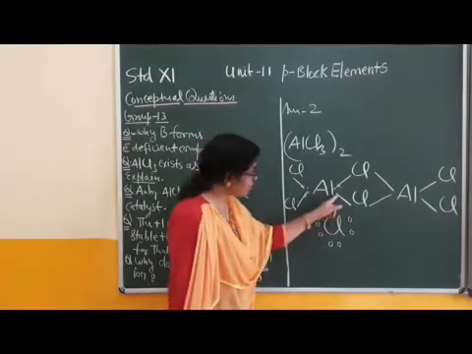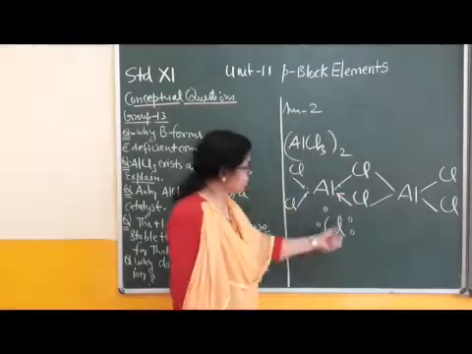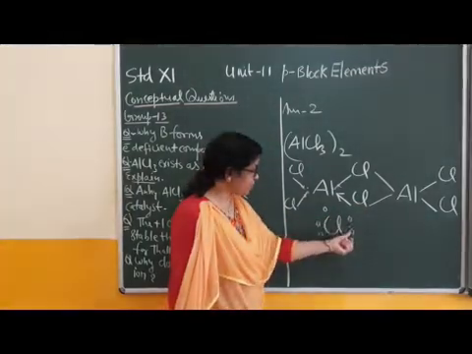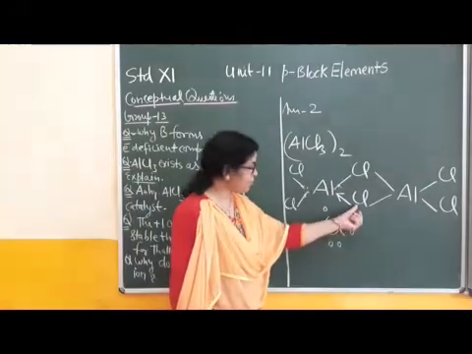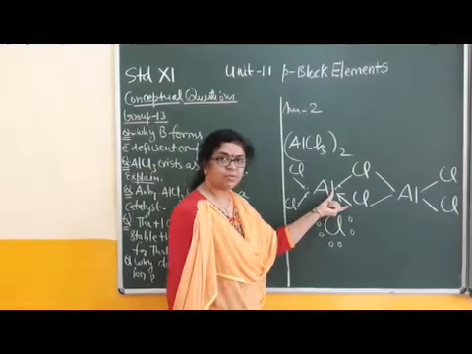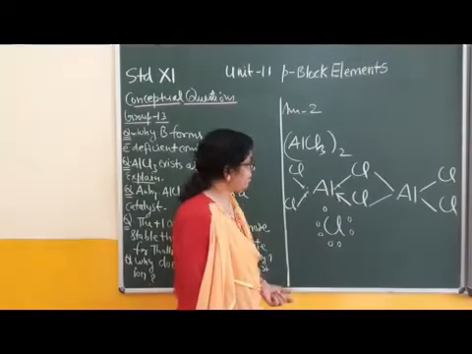Now, what is the type of this bond? This bond is coordinate. The donor atom is halogen. One lone pair of electrons is given by chlorine to aluminium. Then bonding between the two. This bond is called a coordinate bond, right?